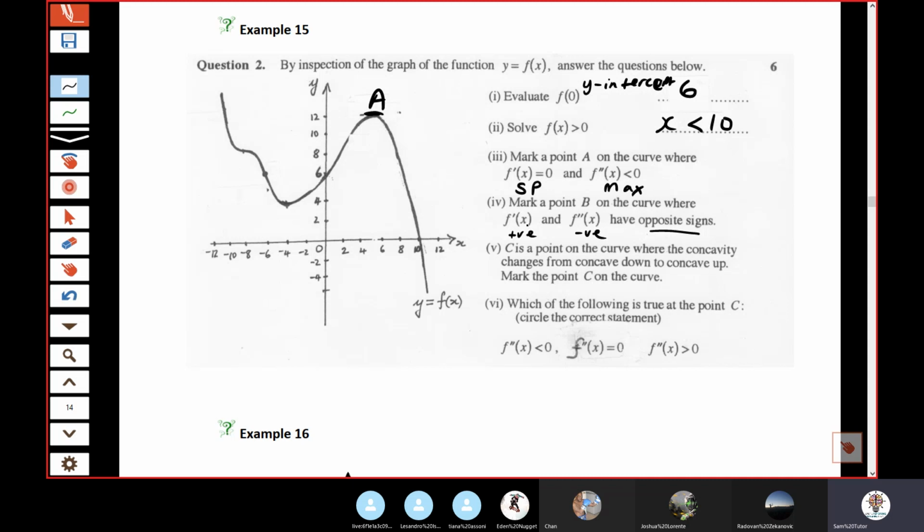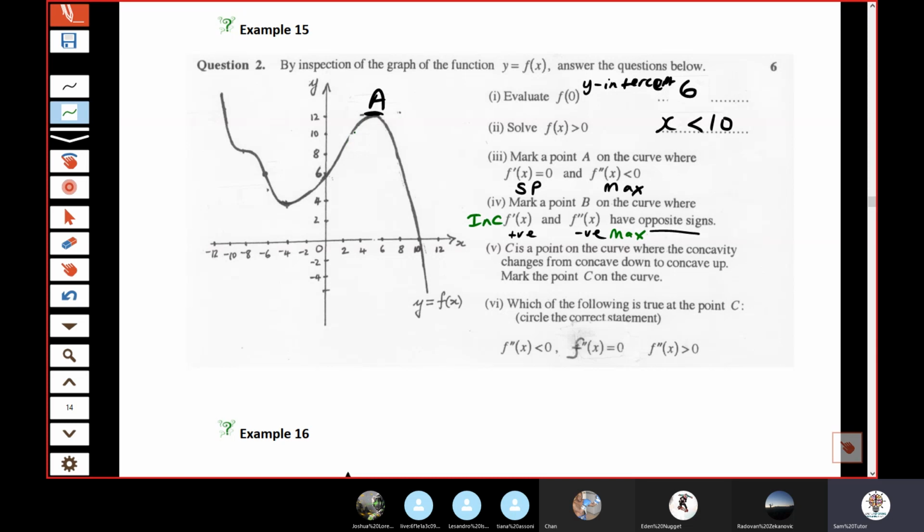Okay, what does it mean about y dash positive? Increasing. Y dash negative? Maximum. We're looking for something that is increasing and it's a maximum. Here's your max. Can you see this is a max?